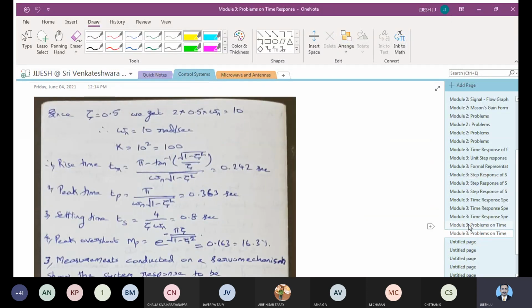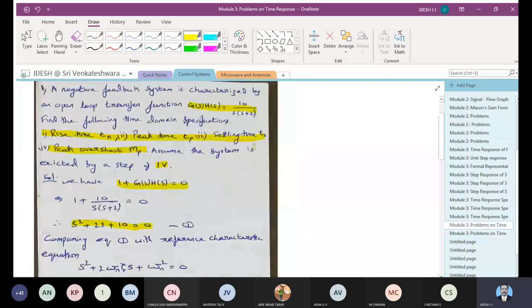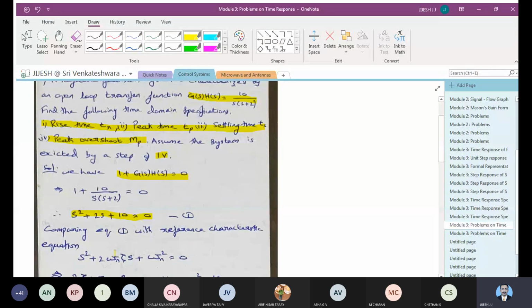So here we are going to use that equation, that is s square plus 2 omega n zeta s plus omega n square is equal to 0. Now when you compare these two equations, you need to compare equation 1 with this equation. So let us compare these two equations and see how it can be further simplified.